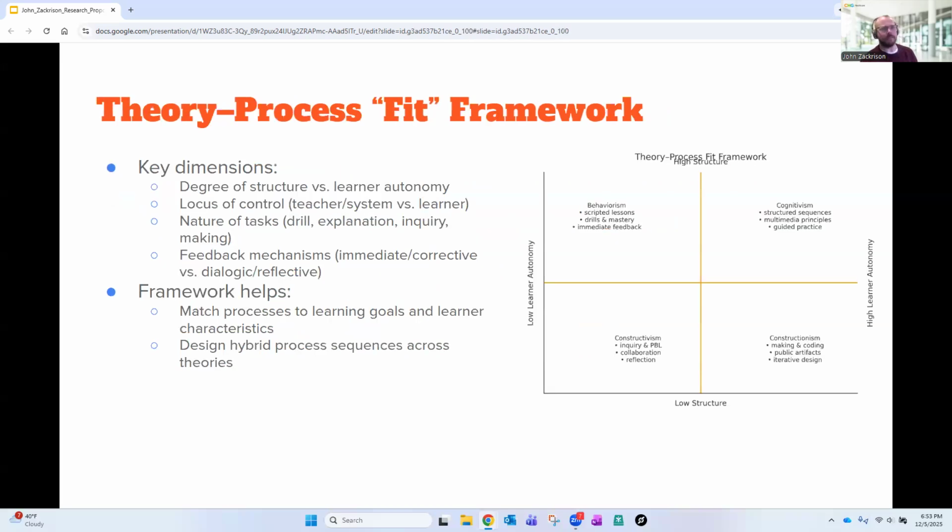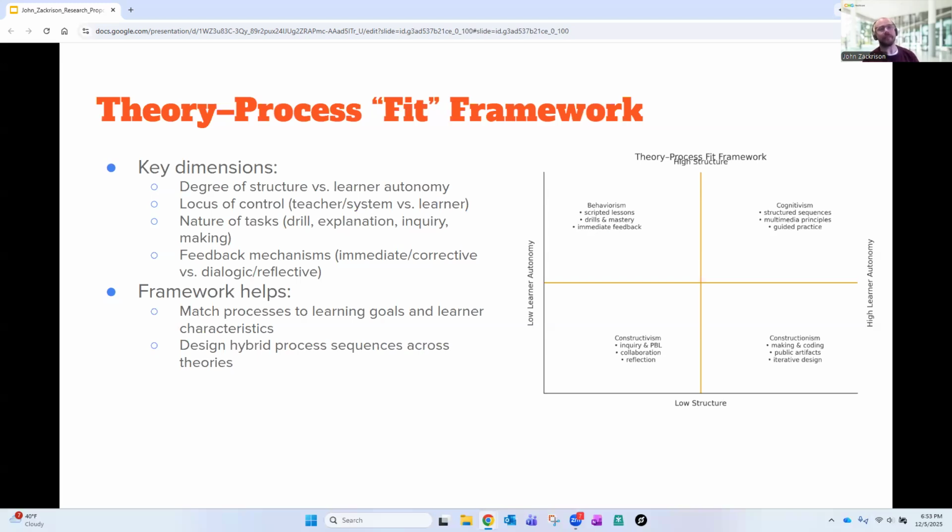All right, let's talk a little bit about the theory process fit framework. And you can see from that graph what I'm trying to get at is that you put all these findings together. The paper proposes this theory process fit framework. Rather than asking which theory is best in the abstract, this framework looks at dimensions along which process designs vary.